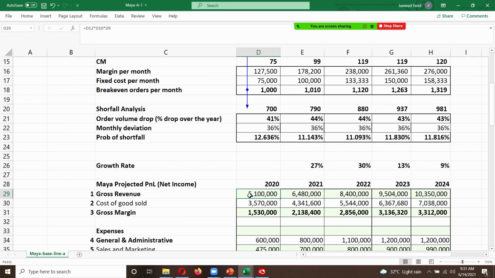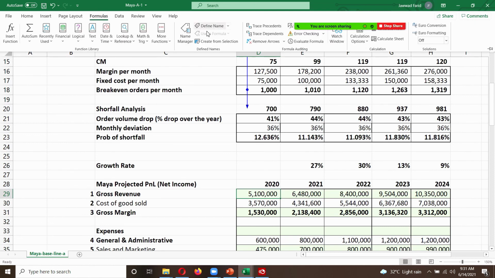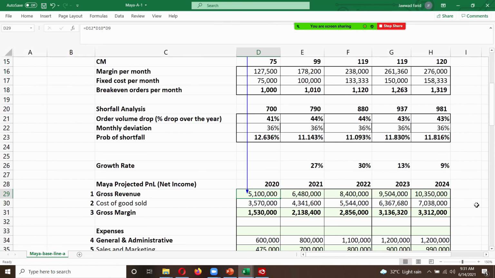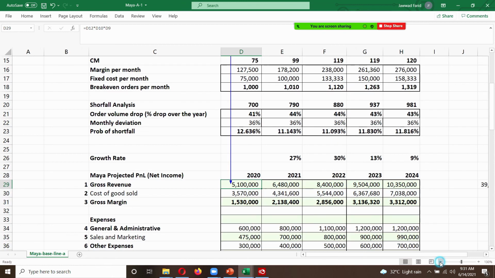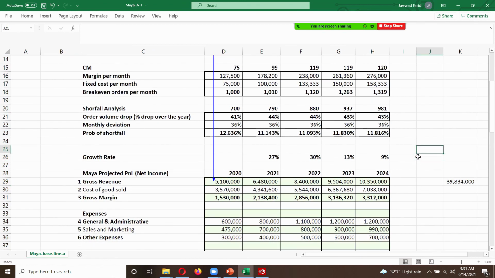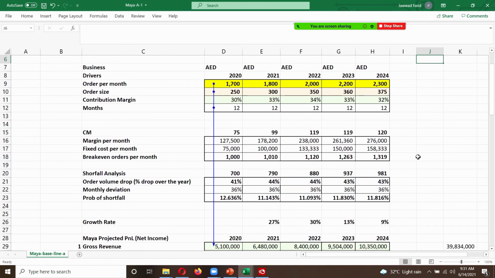Gross revenue would simply be the number of orders times your ticket size times the number of months in a year. So if you trace this, you'll find this goes all the way back to here. It's basically 1700 into 250 into 12.